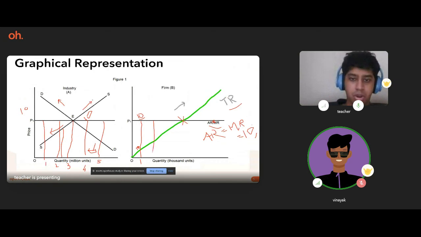Then when you draw it here, total revenue will be 20 because there's a plus 10 increase. Over here it'll be 3, sorry, and this will be 30. This will be 4, this will be 40. And as you go up, it'll keep on going up.